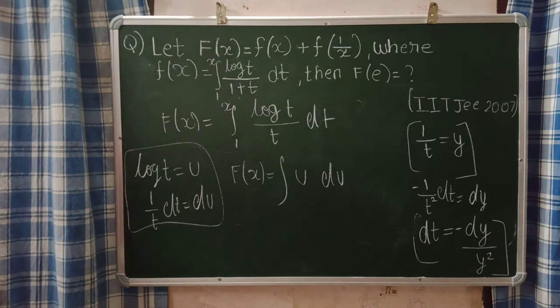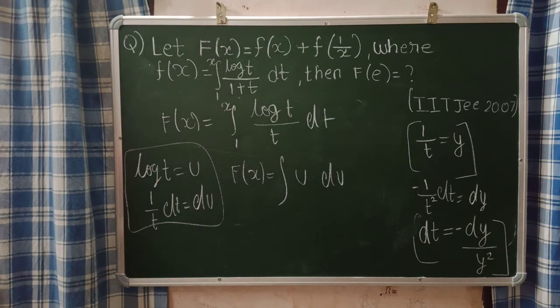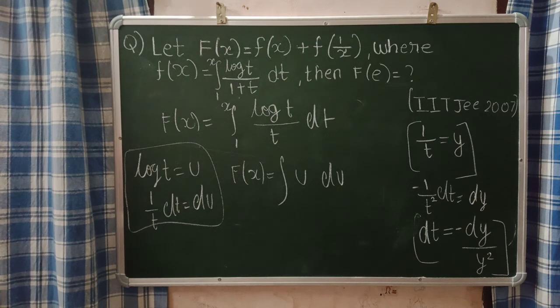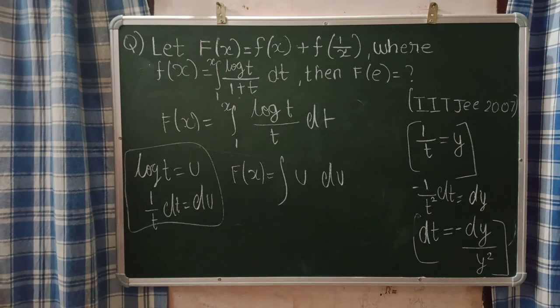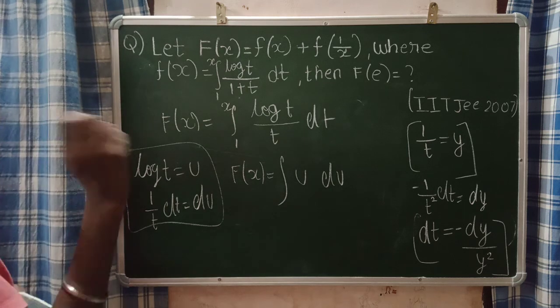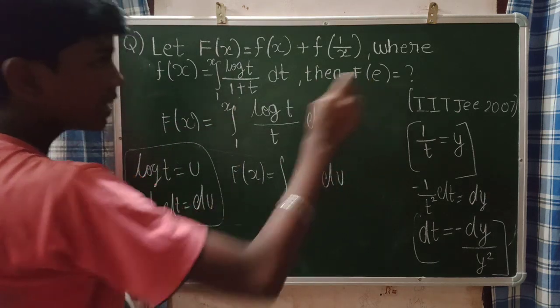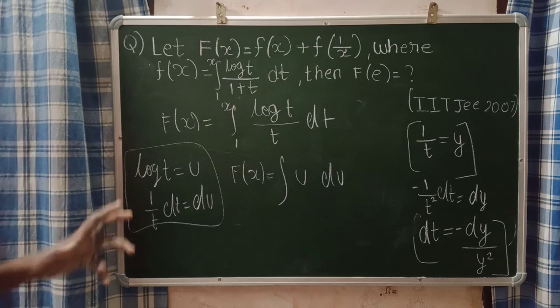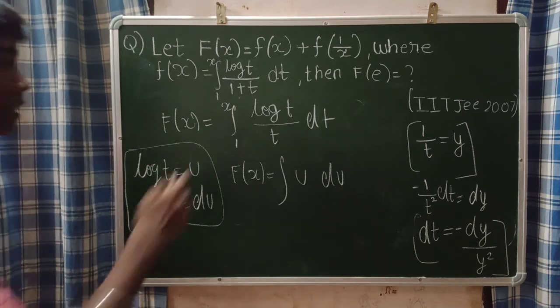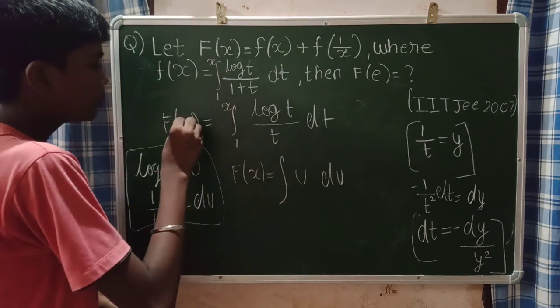Then what will be your limits? Think carefully. We are supposed to find the value of f of e. If f of x is this integral, then f of e will be nothing but just put x as e.